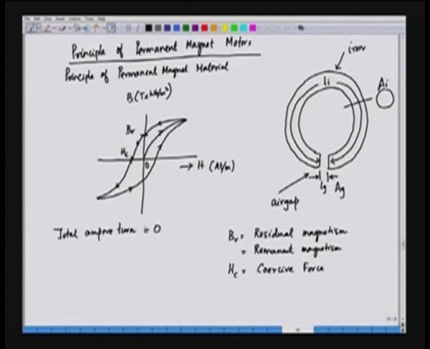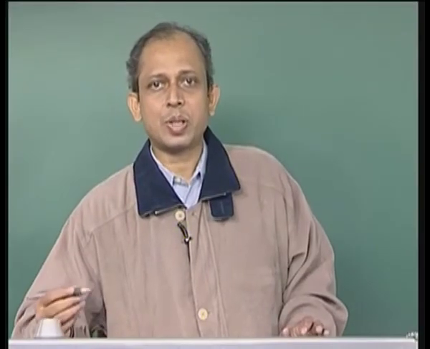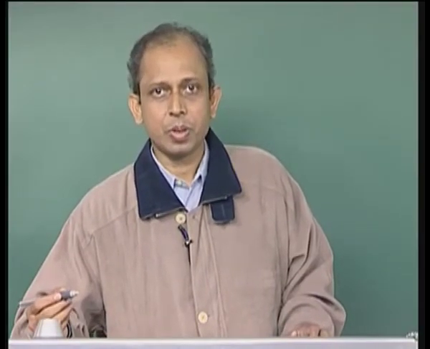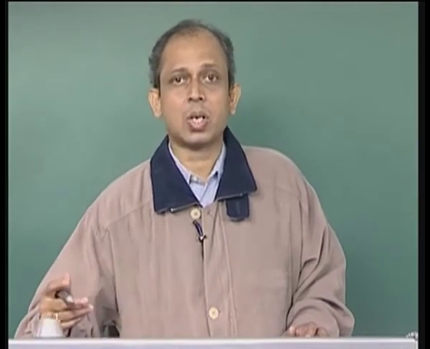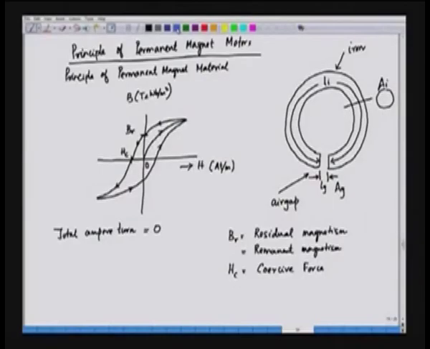Even if we have a coil here, the coil is not carrying any current. So in the absence of any external current, the total ampere turn drop in this loop is equal to 0.